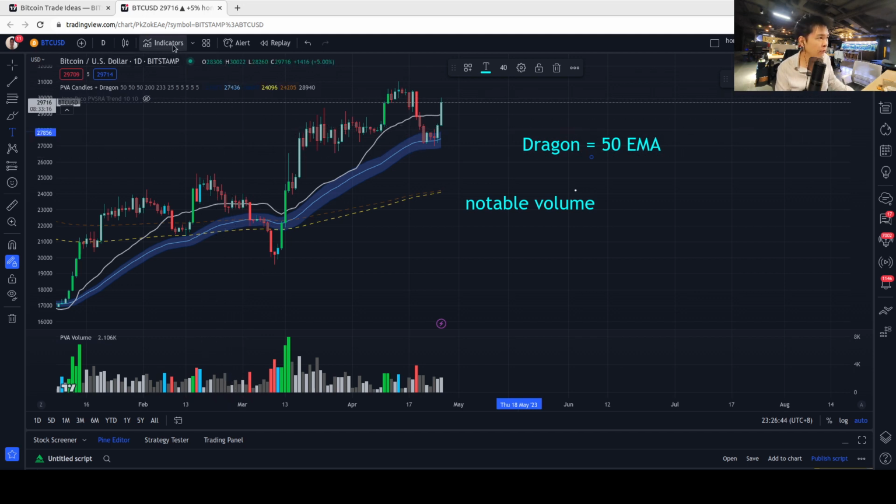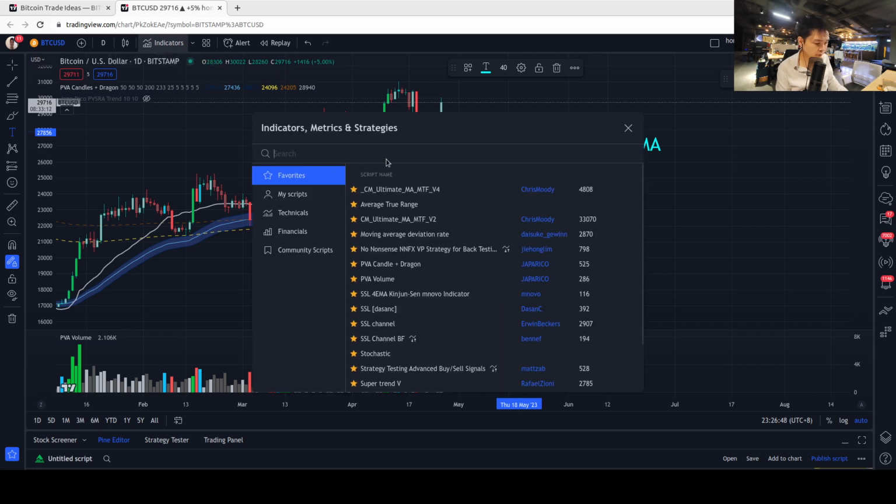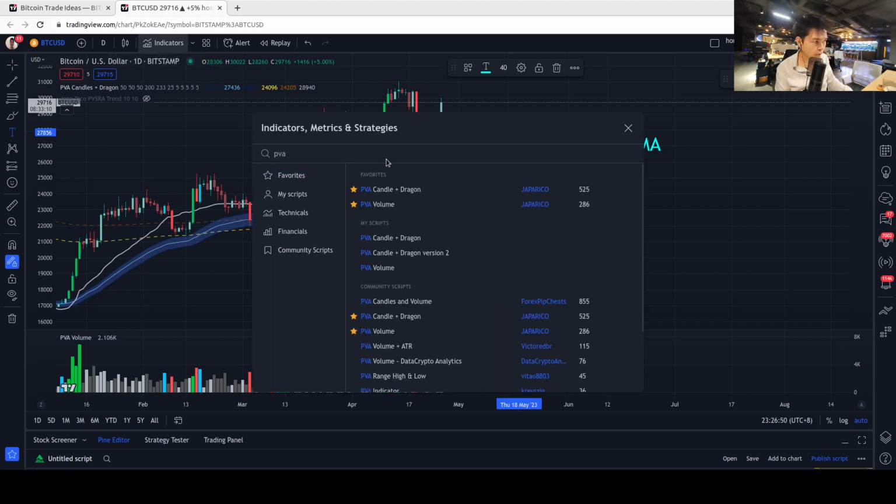You just have to go to the library on indicators, look for PVA and apply these two. One is for the volume bar, and the next one is the PVA candle plus dragon. Both of them were coded by myself, Japa Rico. Once you click here and here, you have those indicators plotted on your chart.